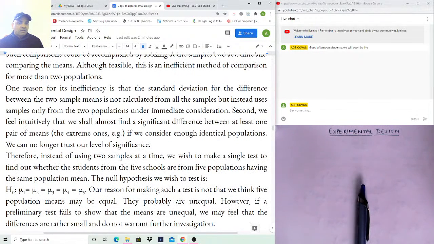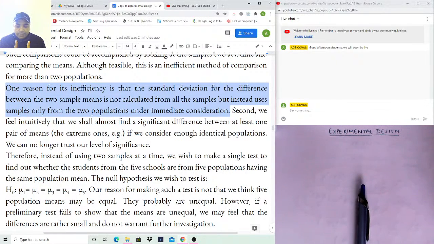One reason for the insufficiency of comparing two groups is that the standard deviation for the difference between two sample means is not calculated from all the samples, but instead uses samples only from the two populations under immediate consideration. That is why it is important to use all the groups simultaneously to compare. Why is the F test better than the T test when we have more than two groups?